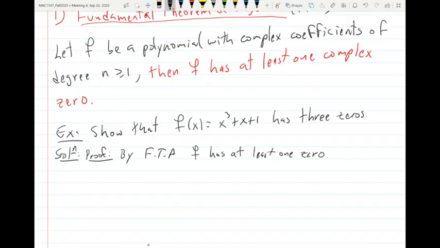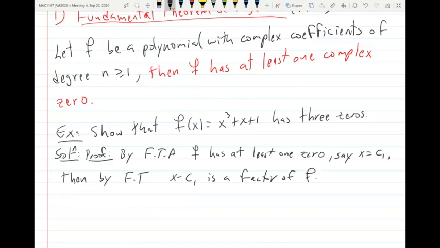So let's say this zero is x equals c1. Then, by the factor theorem, x minus c1 is a factor of f.